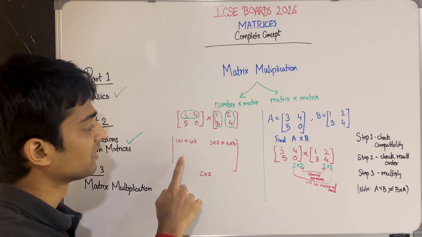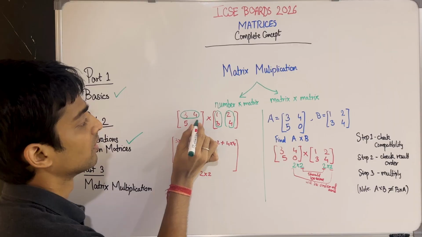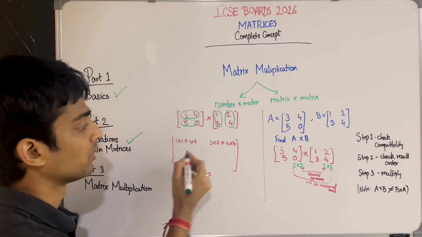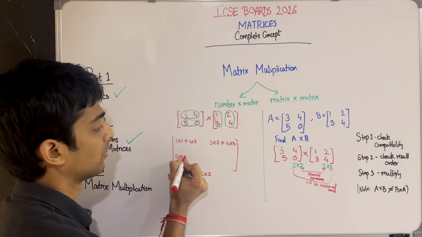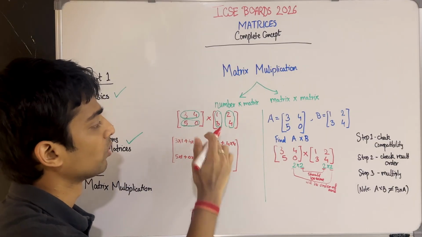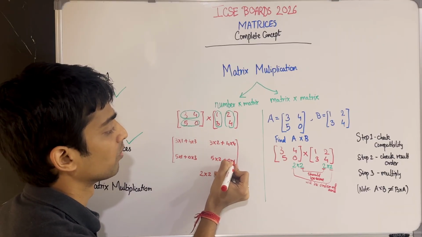Now for this element we'll take this row and this column. So 5 into 1 plus 0 into 3. And here, second row and second column. So 5 into 2 plus 0 into 4.